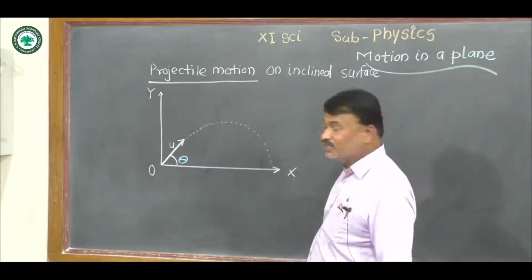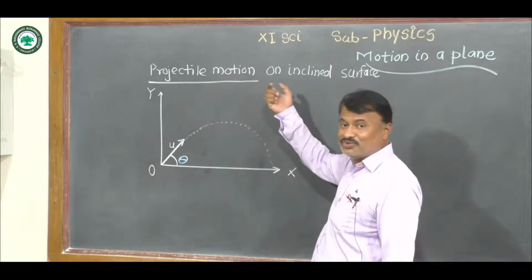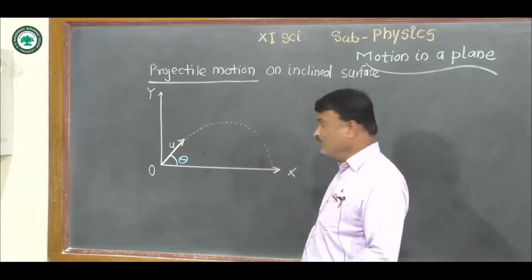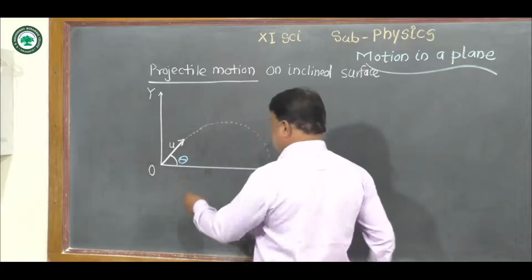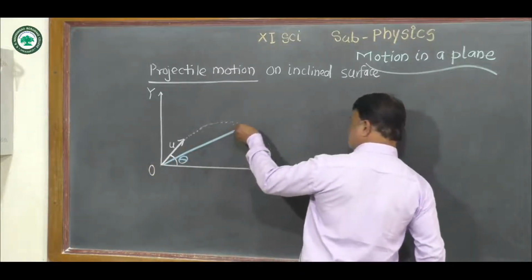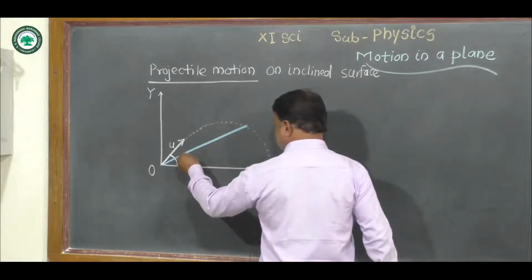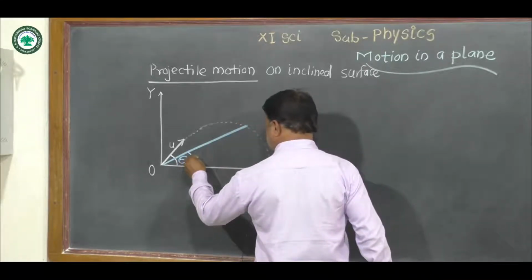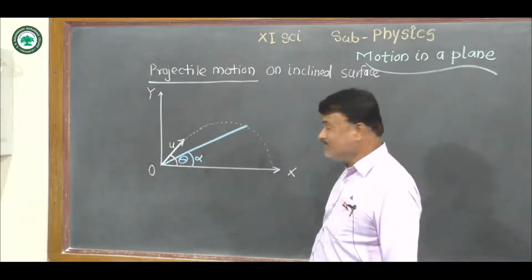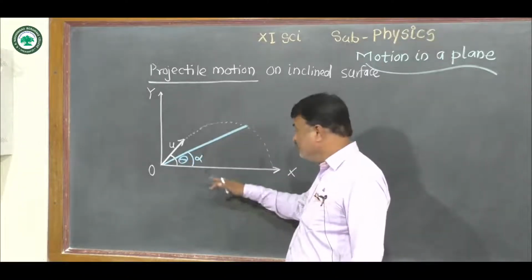Now we have to study the projectile motion of a projectile on the inclined surface. Now this inclined surface makes an angle alpha with the horizontal. So this angle is alpha made by the inclined surface with the horizontal.